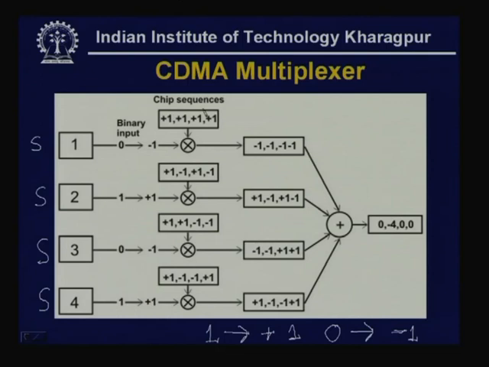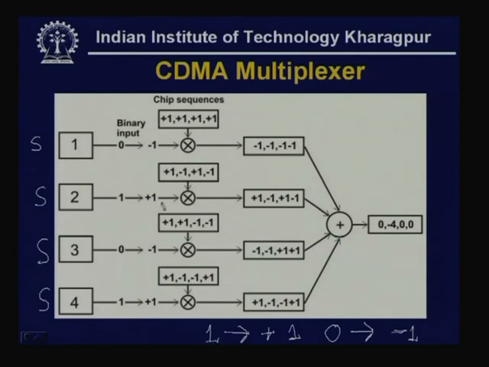Each of them is different from the other 3, and then this binary input is multiplied with the chip sequences. So, when +1, +1, +1, +1 is multiplied with -1, it becomes -1, -1, -1, -1.